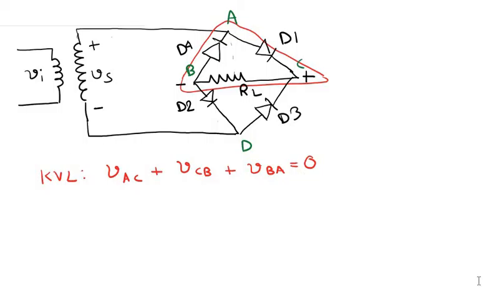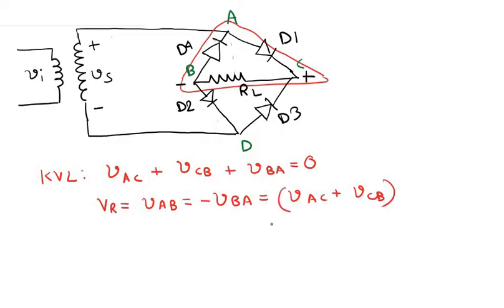Now the reverse voltage drop across the diode D4 is VR equals VAB equals minus VBA equals VAC plus VCB.